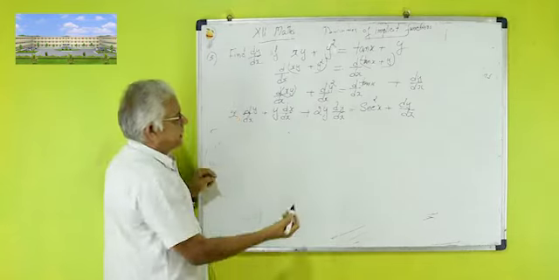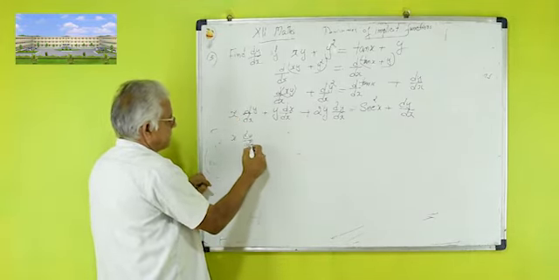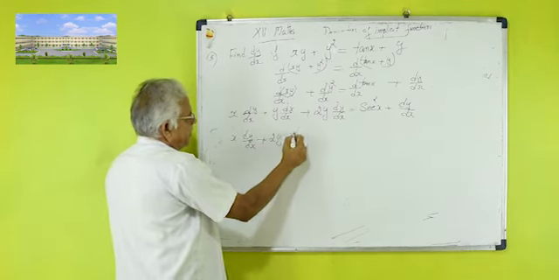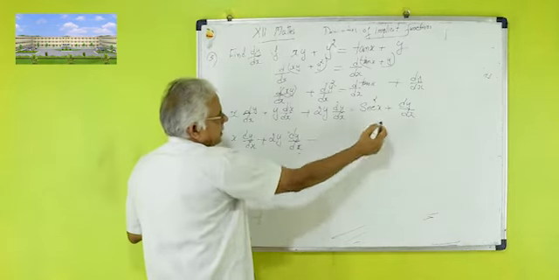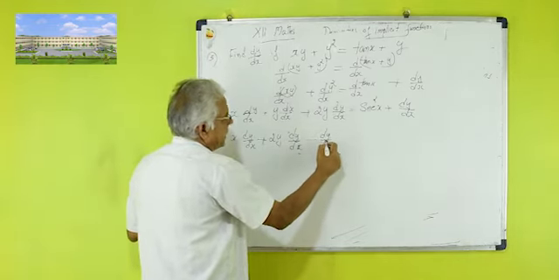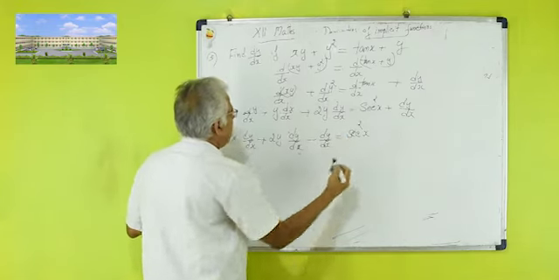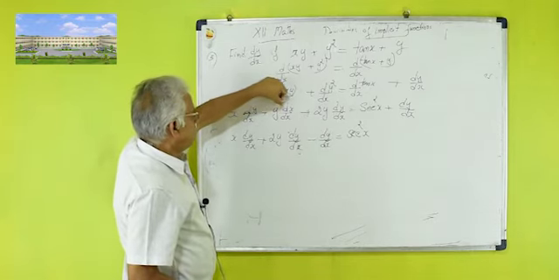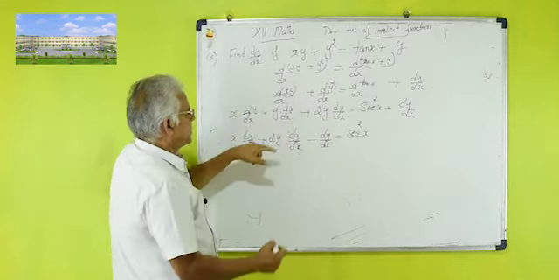Take the dy by dx terms on the left side: x into dy by dx plus 2y into dy by dx minus dy by dx is equal to sec² x, no change, then minus y into the derivative of x, which is 1.